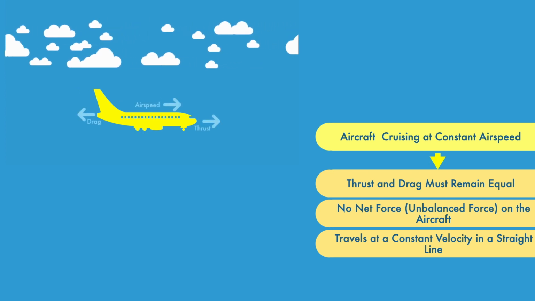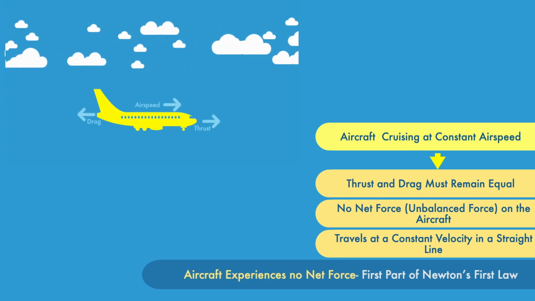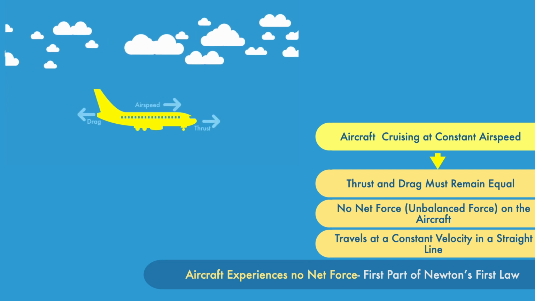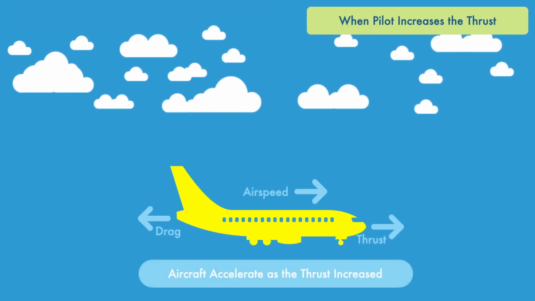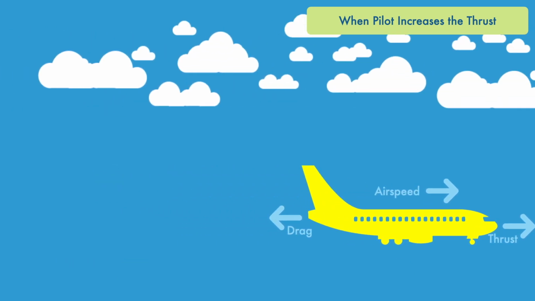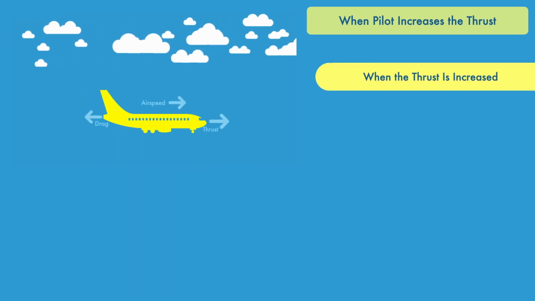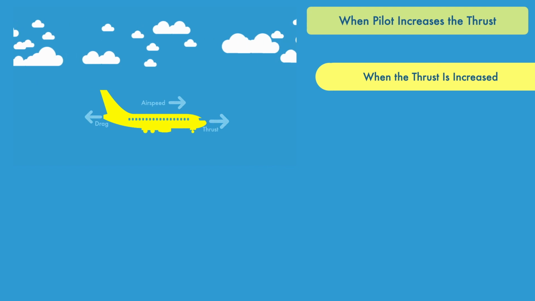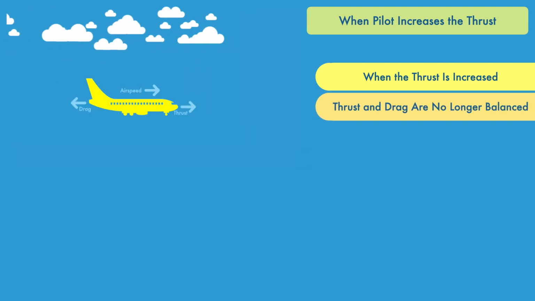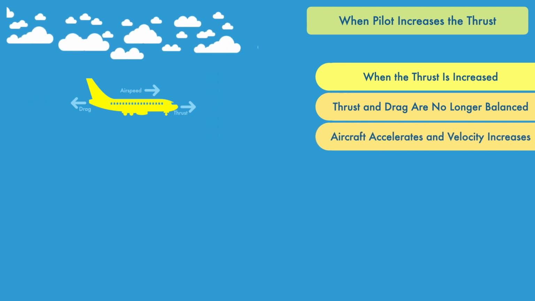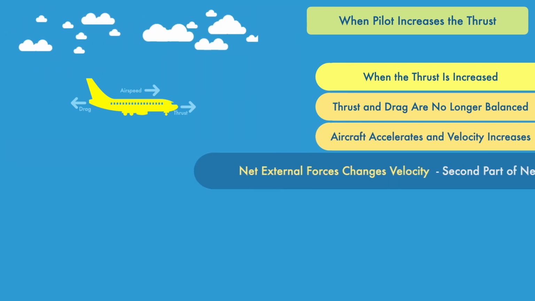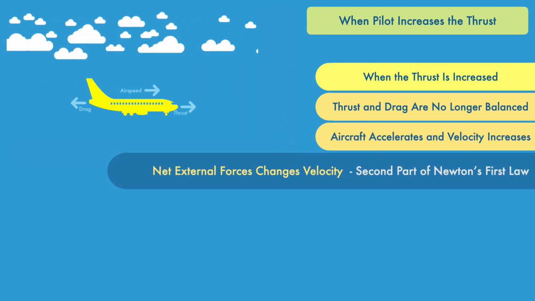As the aircraft experiences no net force and travels in a straight line at a constant airspeed, what happens when the pilot changes the thrust of the aircraft engine? When the thrust is increased, the aircraft accelerates and the velocity increases because the thrust and drag are no longer balanced. The second portion of Newton's first law is that a net external force changes the velocity of the object.